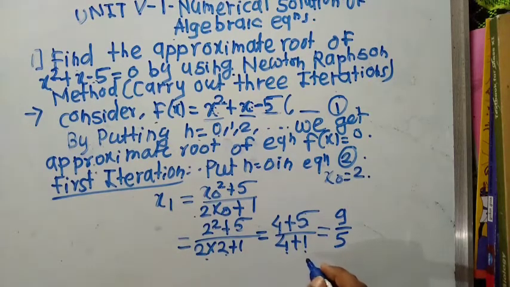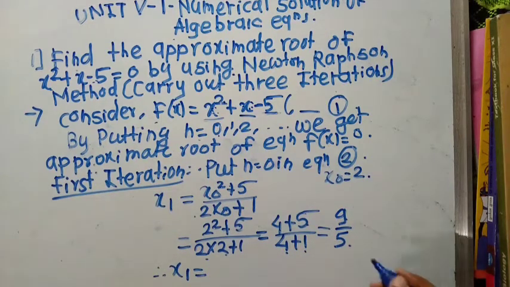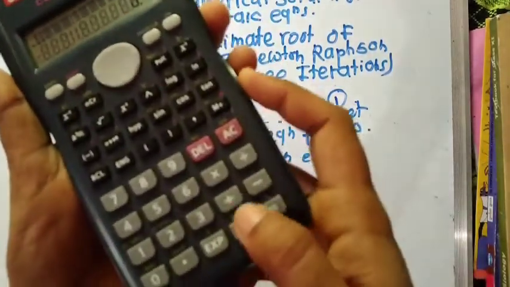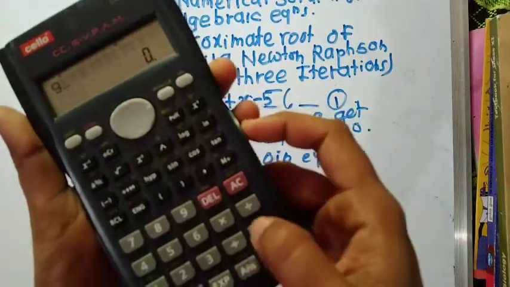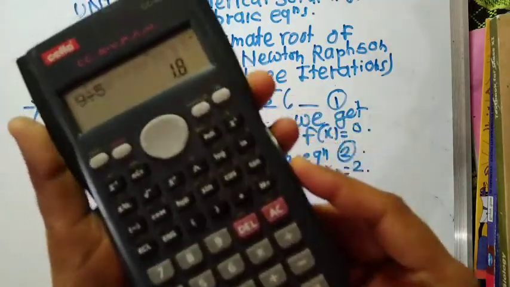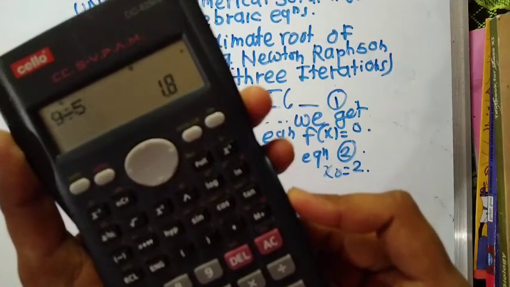So 9 divided by 5, which is equal to 1.8.